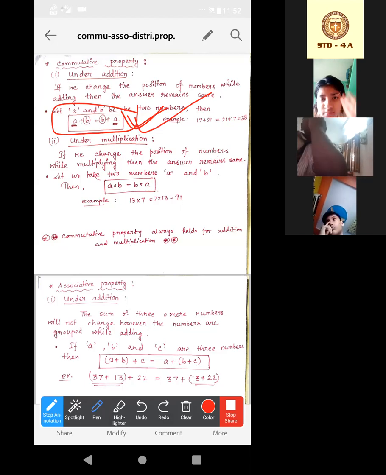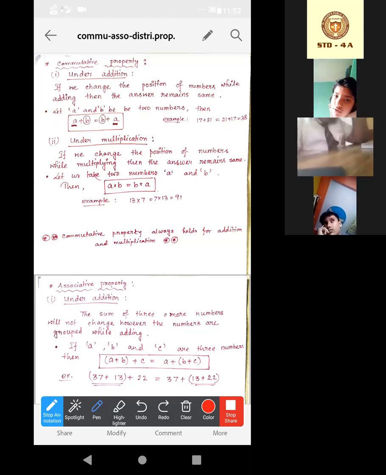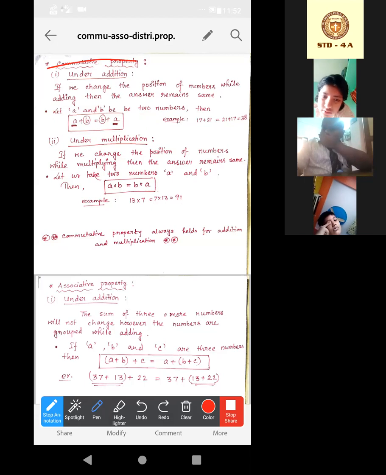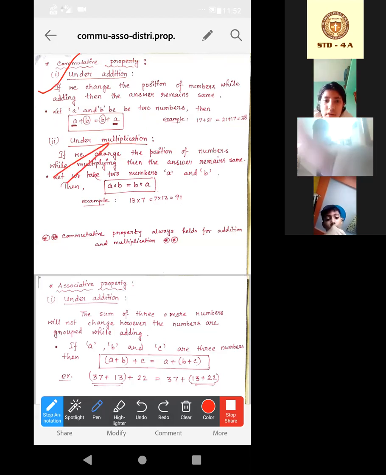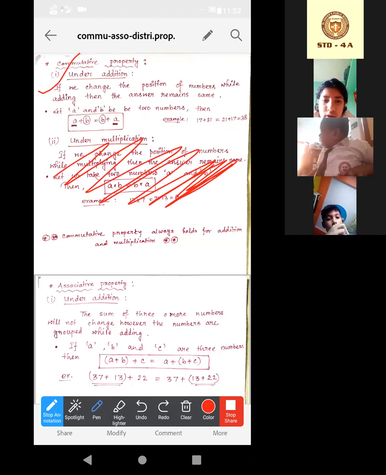Now, in your syllabus right now you have only addition. Multiplication is not over there, okay? So just write this under the addition part, not this multiplication. I have made you understand, it is good, just remember it. But in your syllabus only this one.